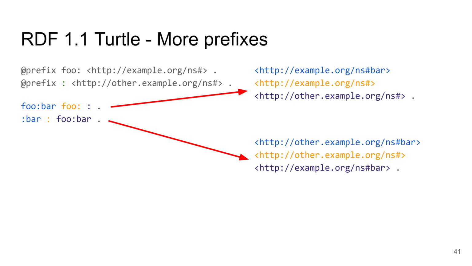And then we have just a colon, which is the usage of the unnamed prefix with nothing after it. So again, it's exactly the IRI of the unnamed prefix. Then of course we can use the unnamed prefix with something after it, and so on. So all the combinations are admissible, and this is just to prepare you for the eventuality that you come across such a thing. Or maybe you will want to use these yourself.